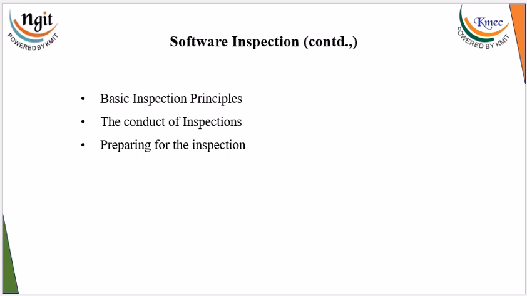First, this particular inspection is a formal inspection. It is going to follow a structured process. This structured process consists of a checklist, and it also has defined roles and responsibilities for the participants who are participating in this software inspection.